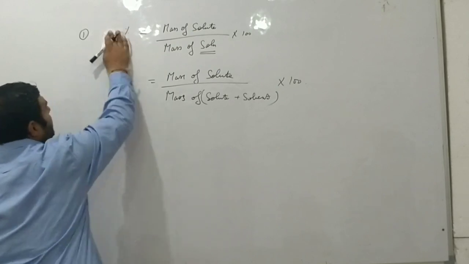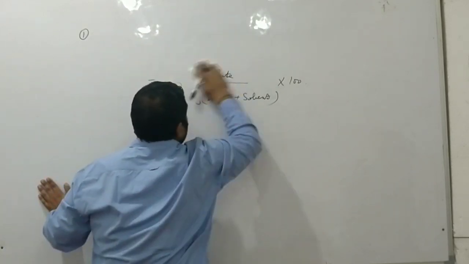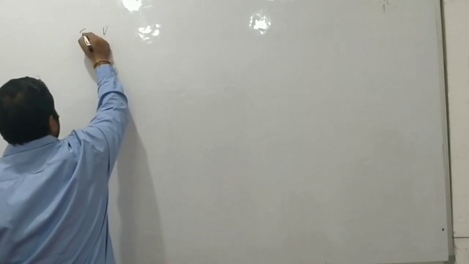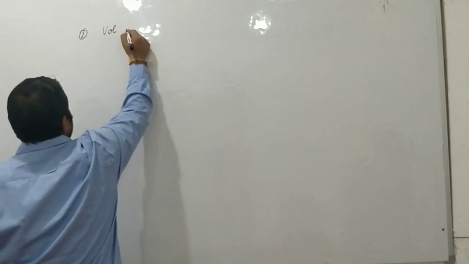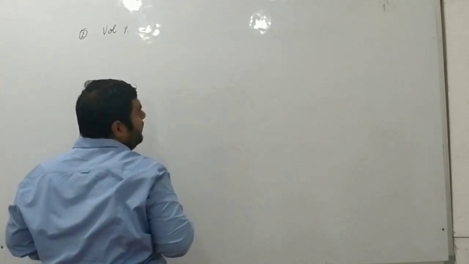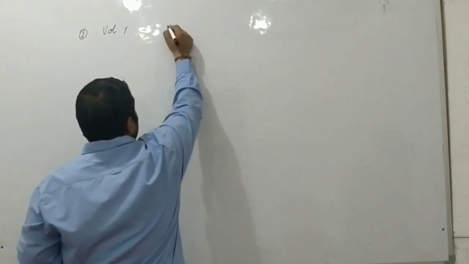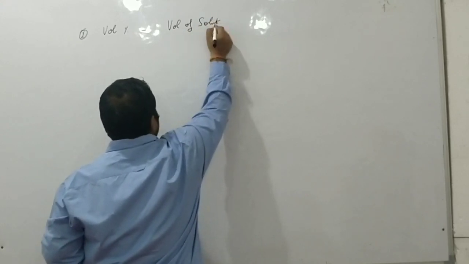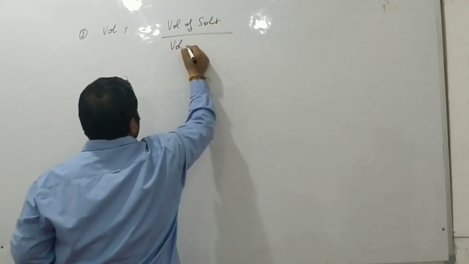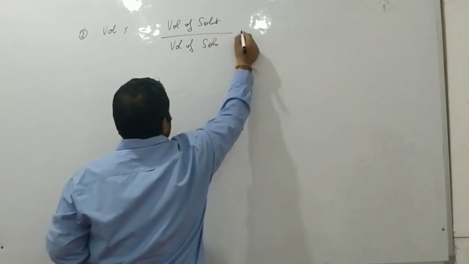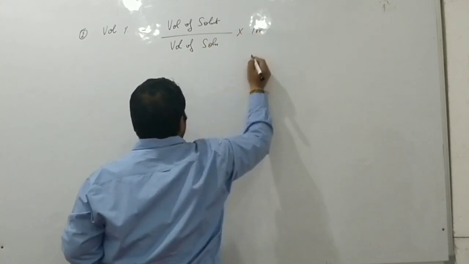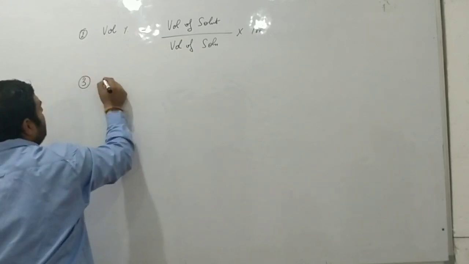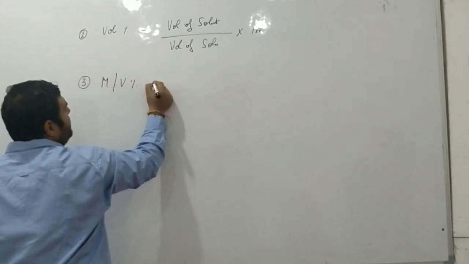Now our second term is volume percentage. Now what is volume percentage? It is again the ratio of volume of solute over volume of solution into 100. Similarly, our third term is mass by volume percentage.